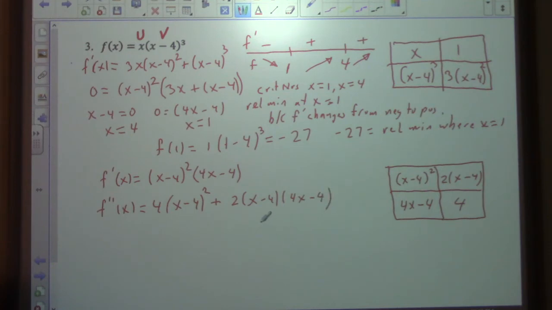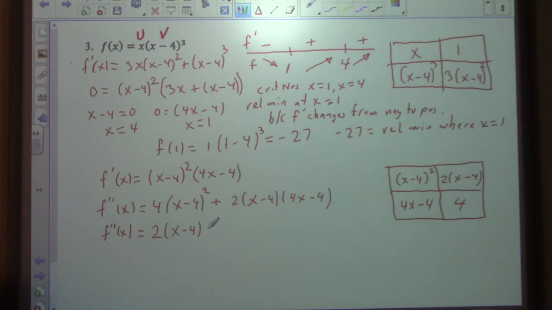And what's going to be our common factor between these two things here? Yeah, x minus 4, and I also would suggest not only that, it would be like 2 times that, because we got a 2 here and here. So 2 times (x minus 4) is our common factor between these two.